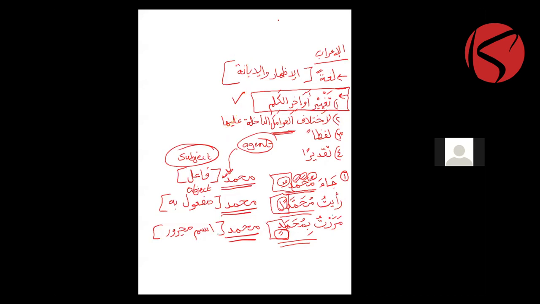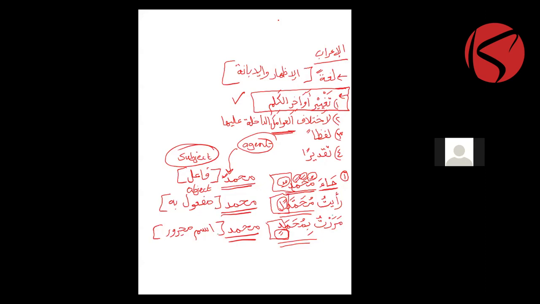And that agent is what? It is the fi'l before it. If a fi'l comes, there always has to be a fa'il. Meaning if a verb comes, there always has to be a subject. So the reason why it's Muhammadun is because it's a subject, and what forced it to become Muhammadun is the verb before it. Good. Here, it's maf'ulun bihi.